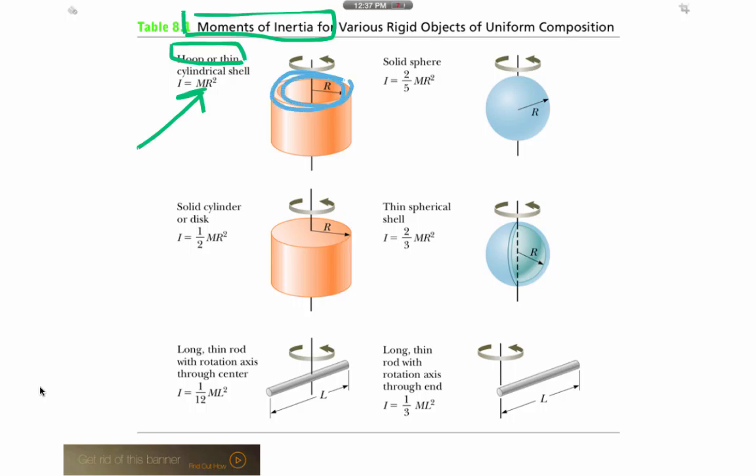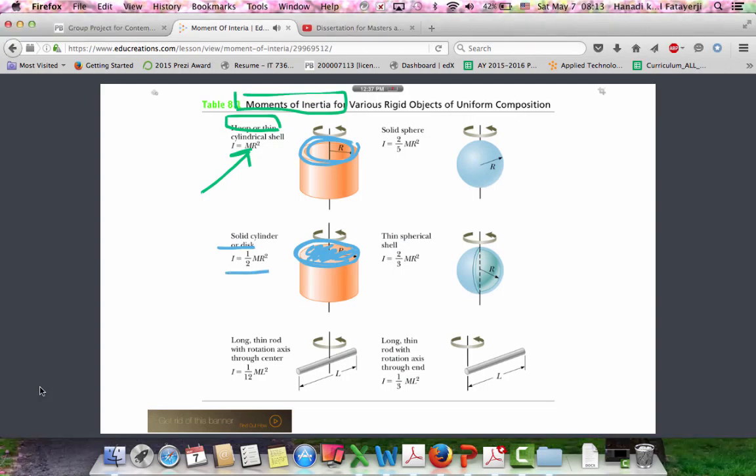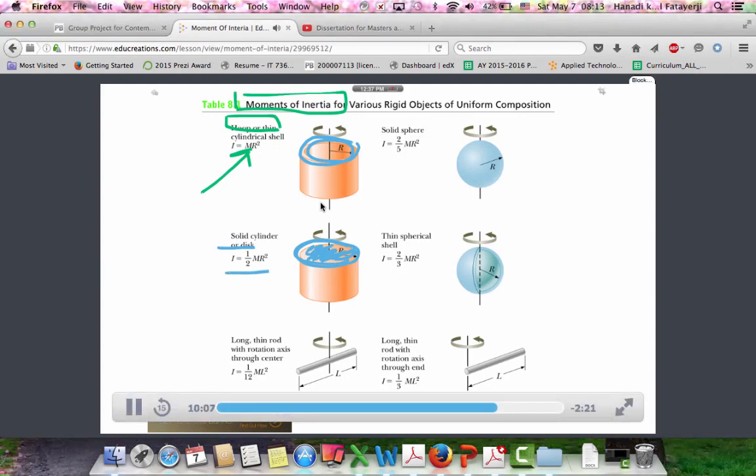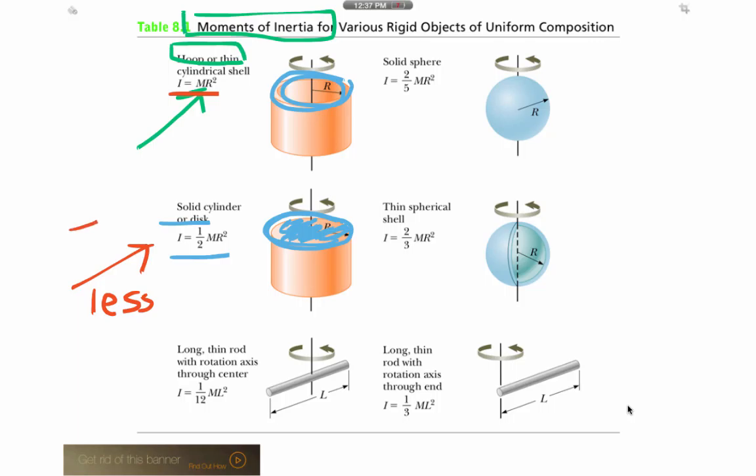And this is a disc. So it's a ring but this ring is filled from inside. It's full, not hollow. This I is half mr squared, while the I of the ring is mr squared, which shows that this I is less. This I is less, while this I is more.